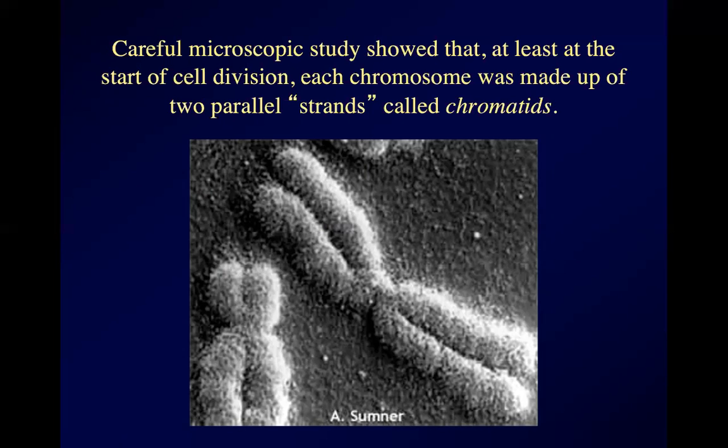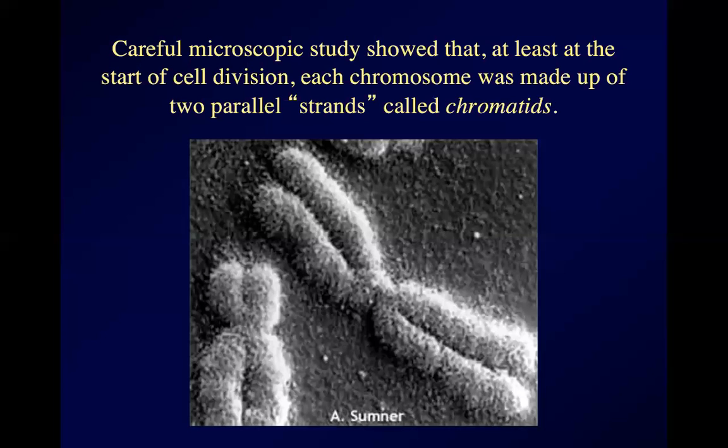When division begins, that blob starts clumping into the little stringy things, the chromosomes. And at least at the beginning, each chromosome is made up of two parallel strands that are stuck together, more or less in the middle, called chromatids.